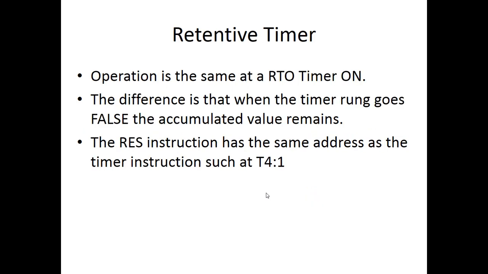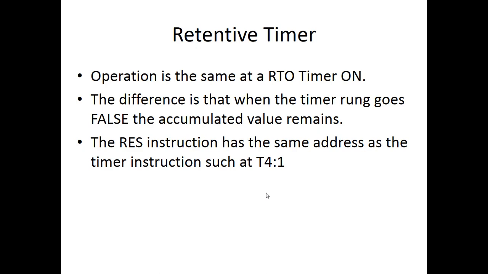A retentive timer, the operation of an RTO, retentive timer on, is very similar to the TON, except that it retains the value. So if you bring the rung true, it starts timing. If you make the rung false, it keeps the value that it's accumulated so far.